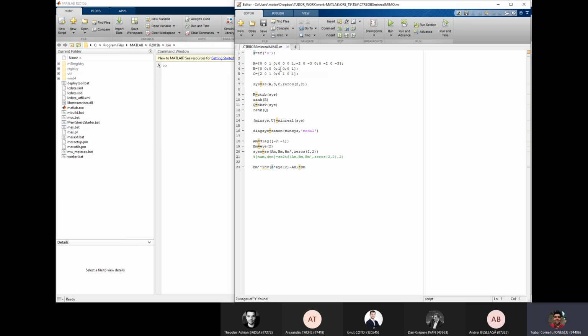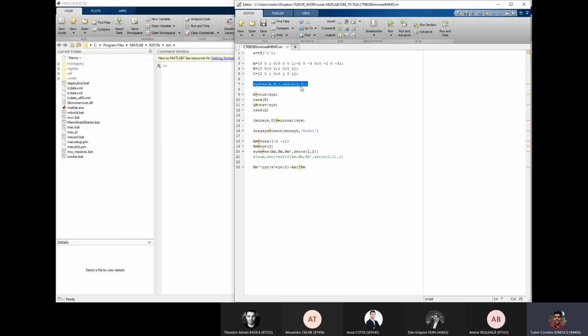Okay, so I'm choosing this matrix. I'm choosing A, B, C of dimension 4, and I'm building a state space system. It's a multiple input, multiple output system, as you can see. So I've got two inputs and two outputs.